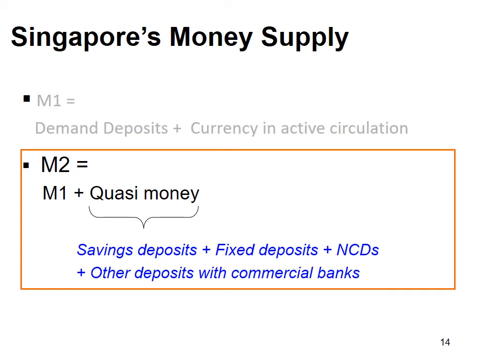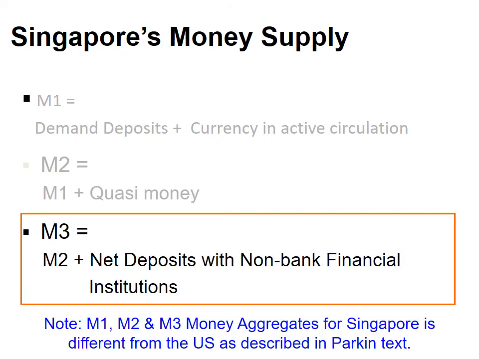So as the M number becomes bigger, the additional components become harder to use, or there are more restrictions to use them to exchange for goods and services. M1 is the one that we can directly use to exchange for goods and services. Now M3 is M2 plus an additional item called net deposits with non-bank financial institutions.